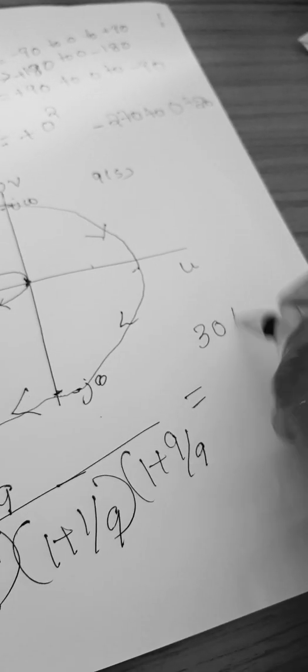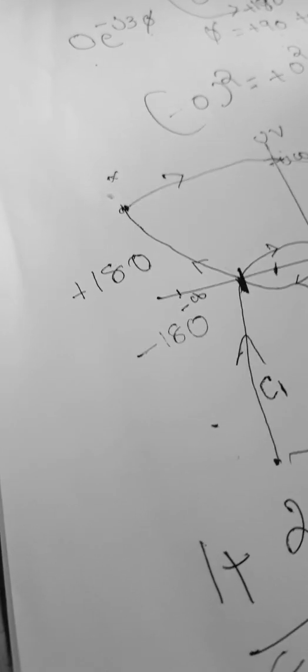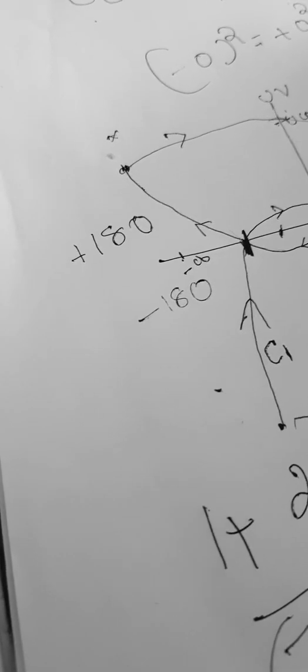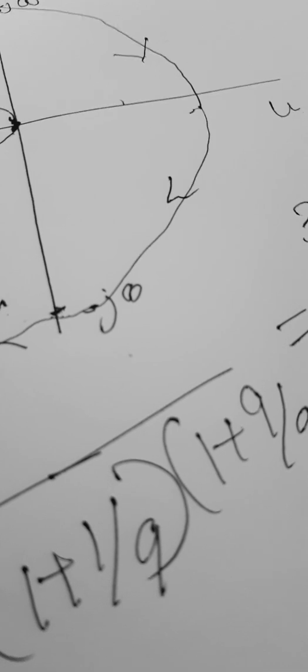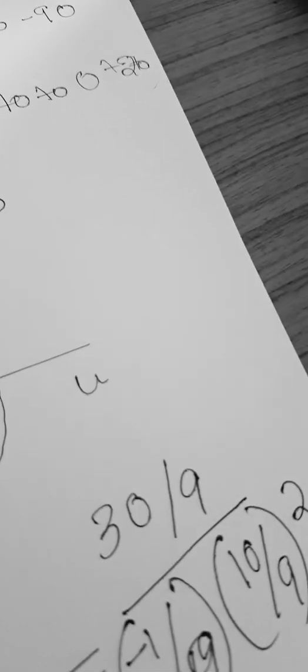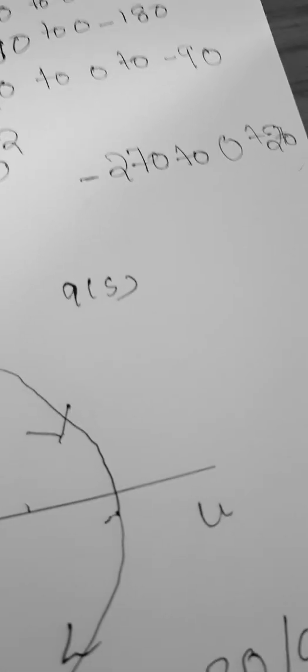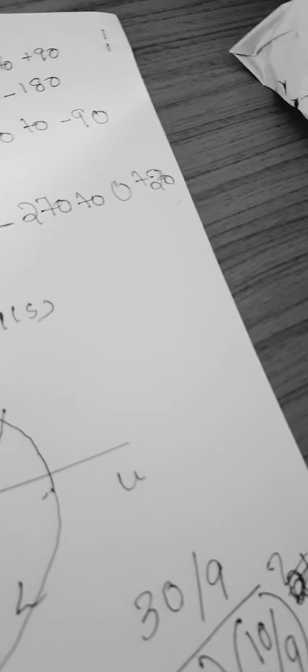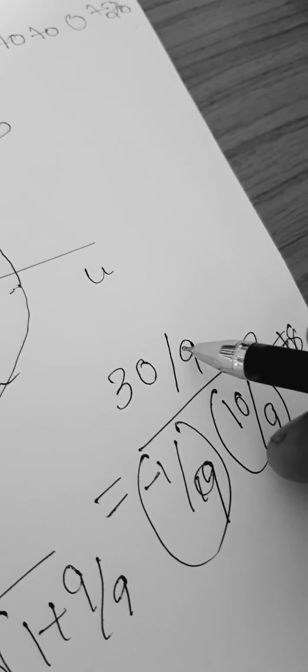So you are getting 30 by 9 divided by minus 1 by 9 multiplied by 10 by 9 into 2. Here the 9s can be cancelled.